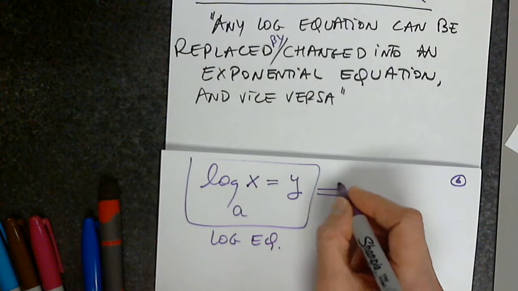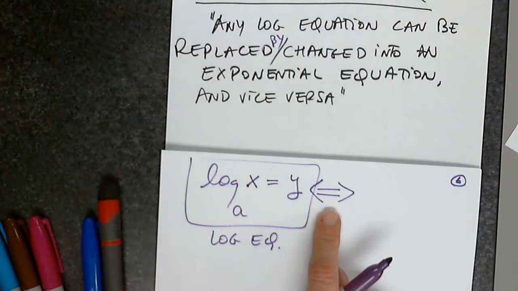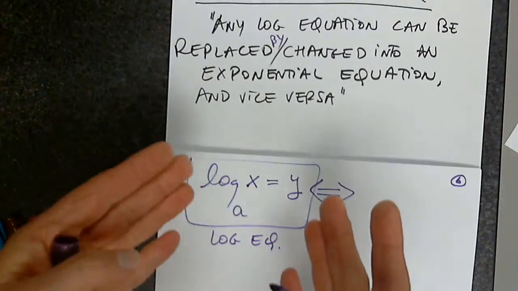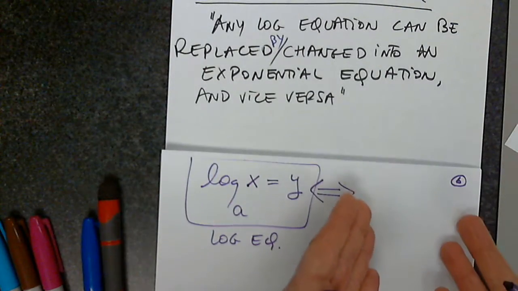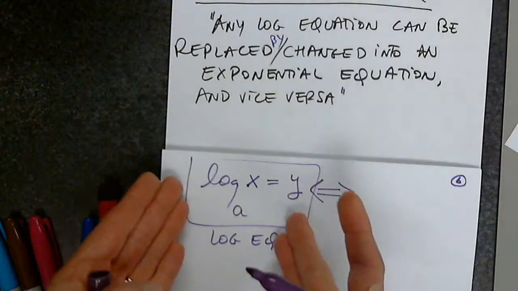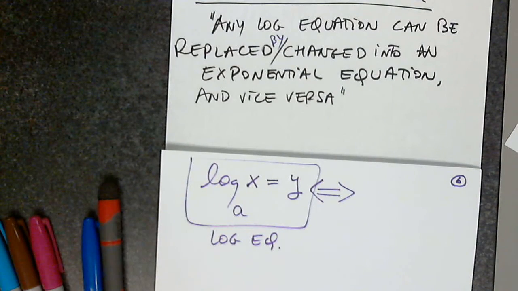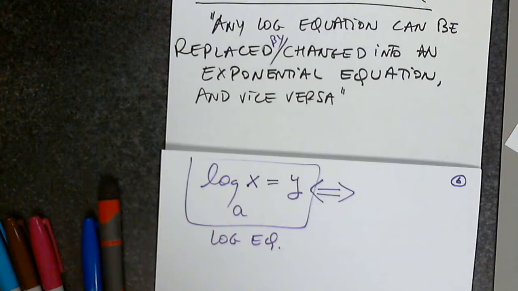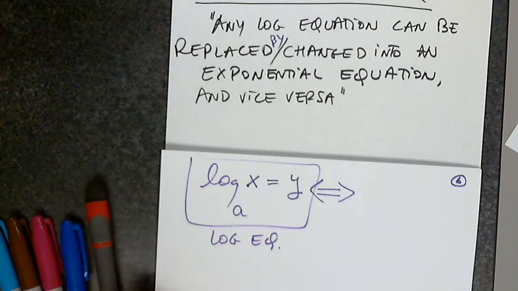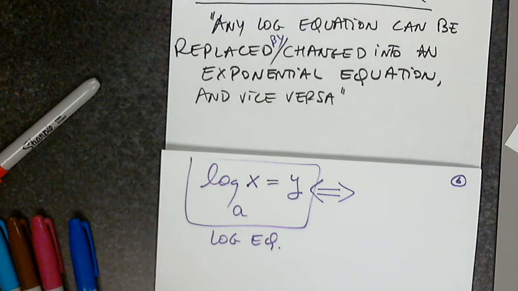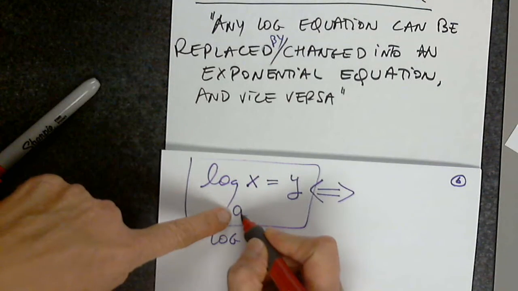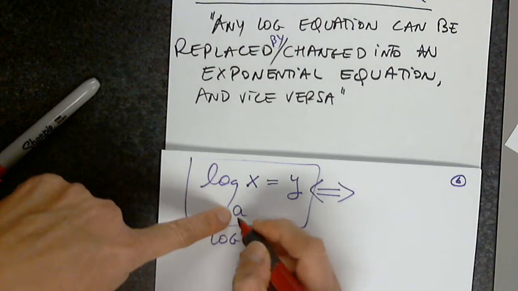This is the double equivalency symbol, which means this can be changed into this, which I didn't write yet, and this can be changed into this, both directions. So now let's do this together so hopefully we remember this. When I change a log equation to an exponential equation, always start with the base and go counterclockwise.